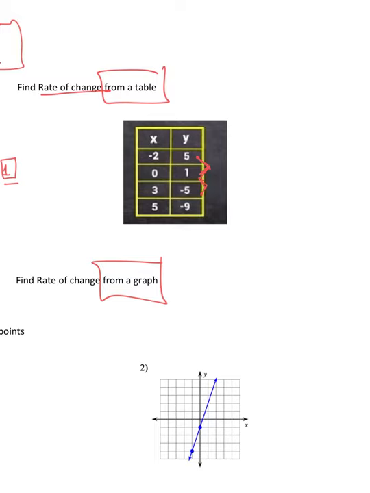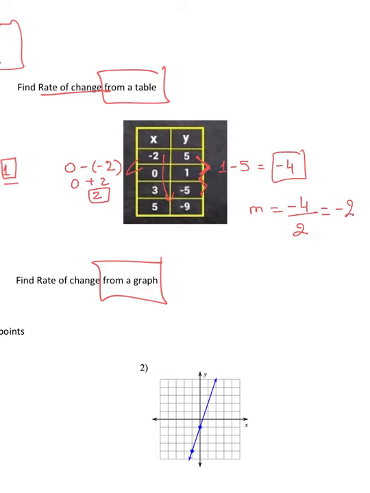So I will do 1 minus 5; the bottom subtract the top is -4. I need to do exactly the same for x: 0 minus -2, which is 0 plus 2, also 2. So y decreased 4 and x is going up 2 units. Your rate of change will be change in y, which is -4, over change in x, which is +2. So the rate of change will be -2.